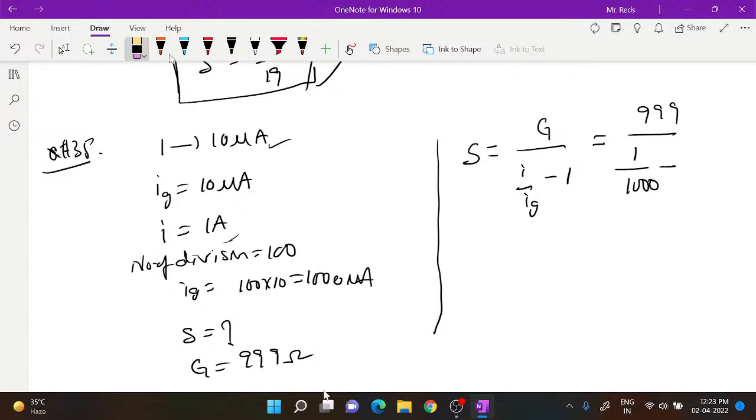Not this one, the number of divisions, the range we have to take here. If you take this in terms of n minus 1, as n is equal to I by Ig, right?